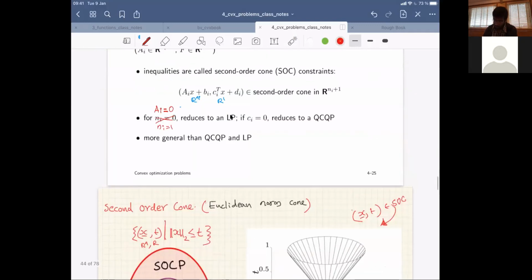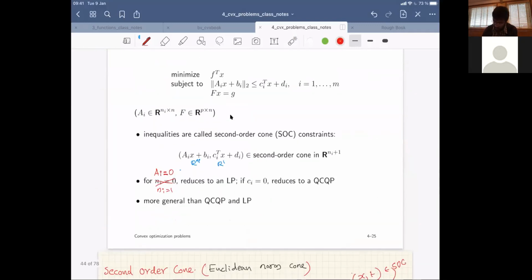So from this constraint, the first part, Ax plus b, and this c transpose x plus d, should belong to a second order cone. Here the dimension of the first quantity is R^(n_i), because the matrix has dimension n_i cross n.